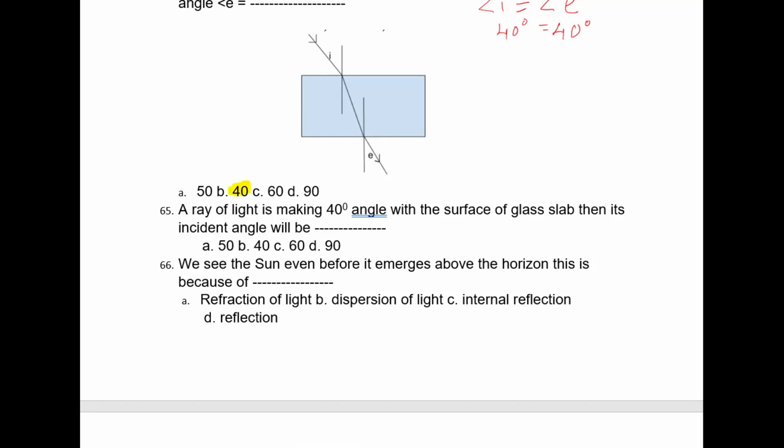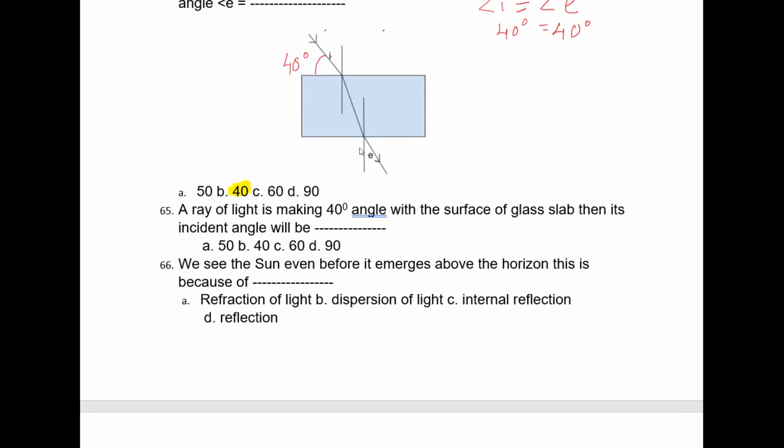Next question is, a ray of light is making 40-degree angle with the surface of glass slab. Then its incident angle will be dash: 50, 40, 60, 90. It is making 40 degree with the glass slab. That means this is 40 degree. We want to find out angle of incidence.